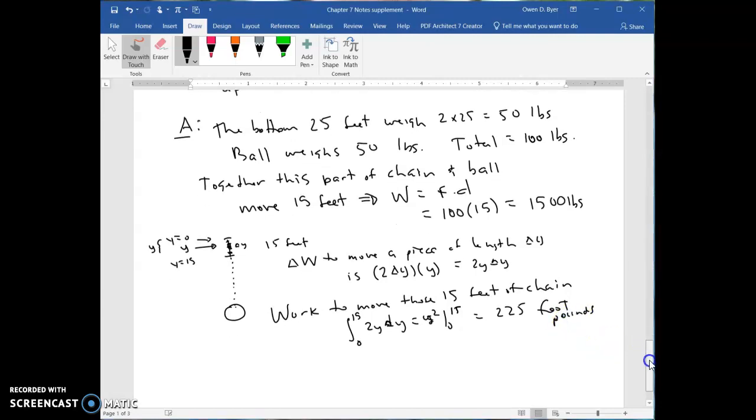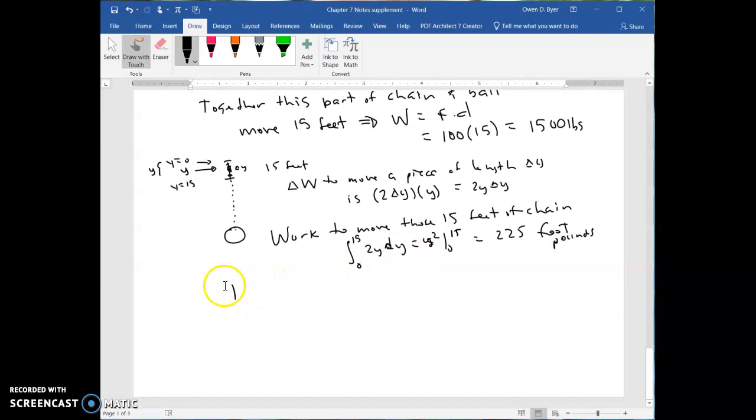Okay, so altogether, the total work, we take our two pieces, and we had 1,500 plus 225 is 1,725 foot-pounds.